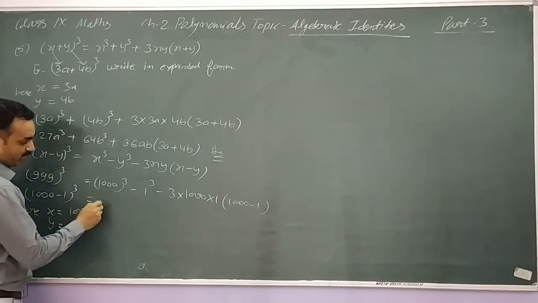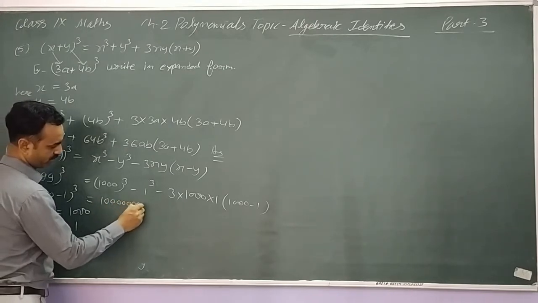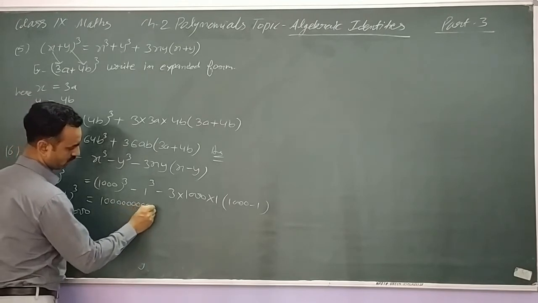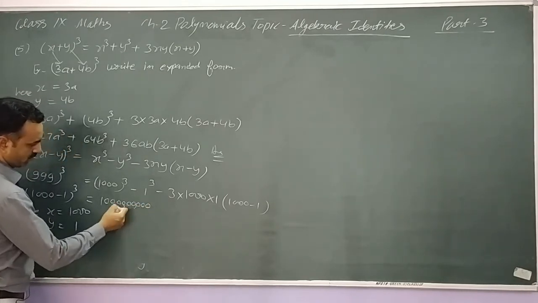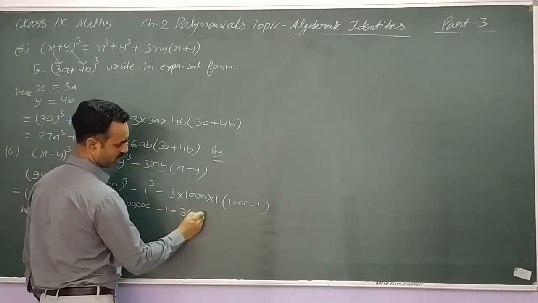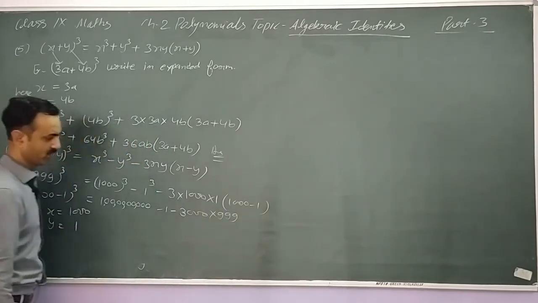So this will be 1000³ minus 1 minus 3000 multiplied by 999.